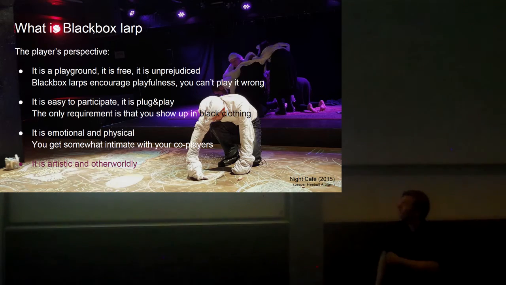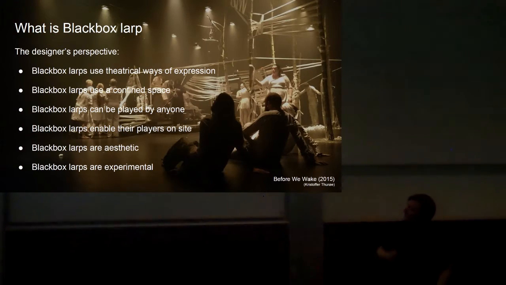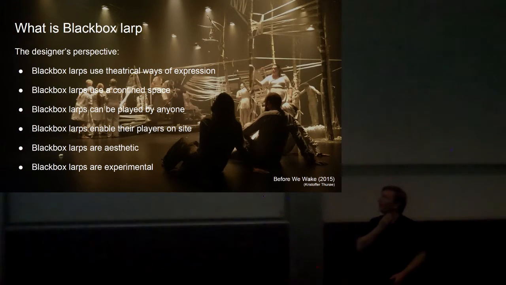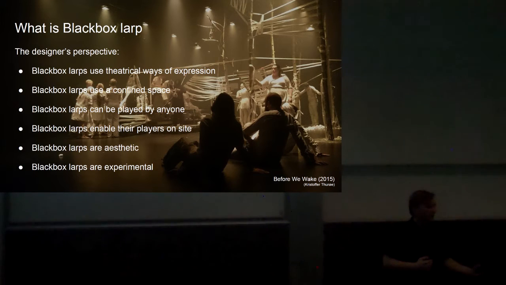From the designer's perspective, what is the Blackbox LARP? This list here shows some of the constraints that we tell Blackbox LARP designers when they want to come and make a LARP. We say, okay, it needs to fulfill this, or at least some of them, we tell them, and some of them are more implicitly assumed.